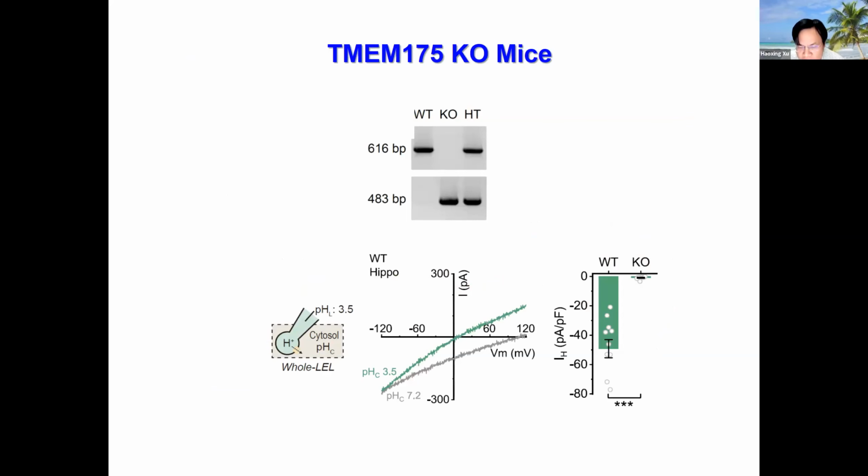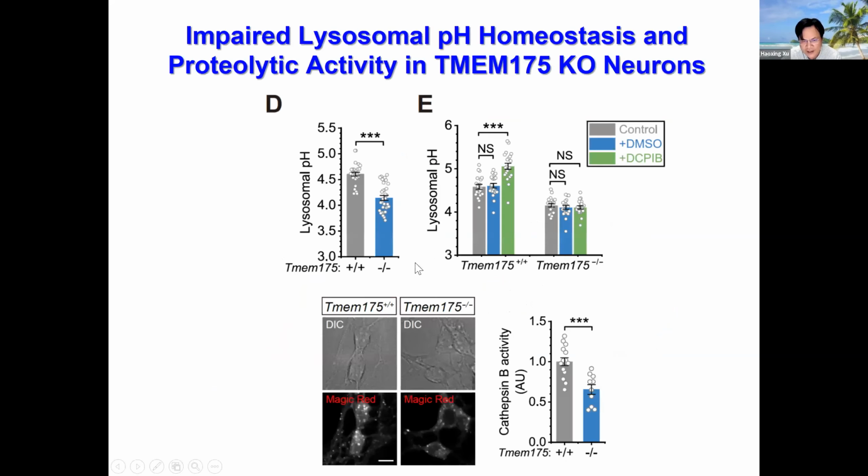So we generated knockout mice and found that in the mouse neurons, mouse T175 behaves just like in our studies using human cells in terms of steady state pH and lysosomal current and agonist-induced pH change, lysosomal proton release, and the cathepsin B and cathepsin D activities.